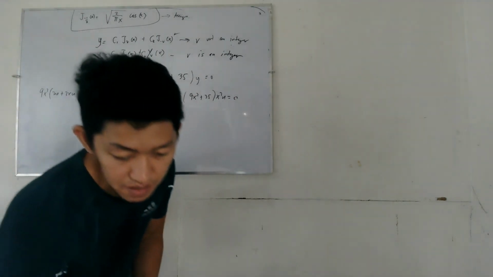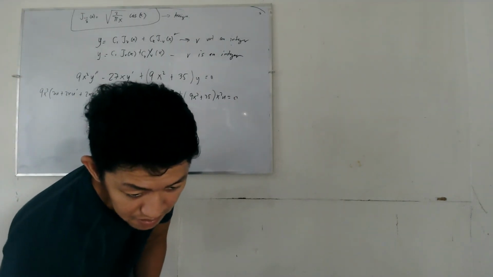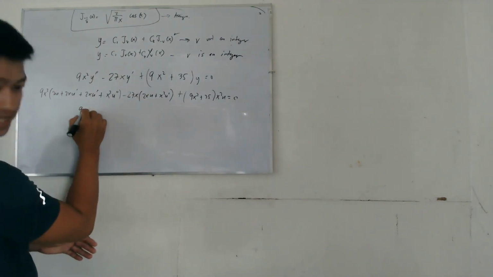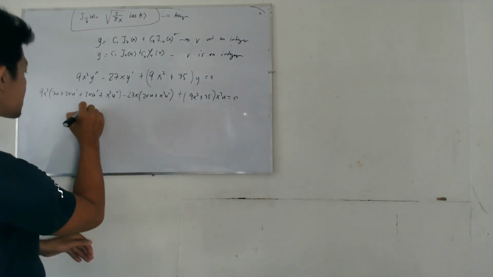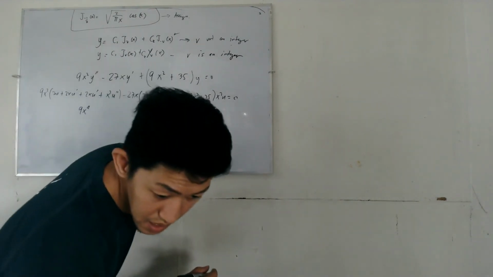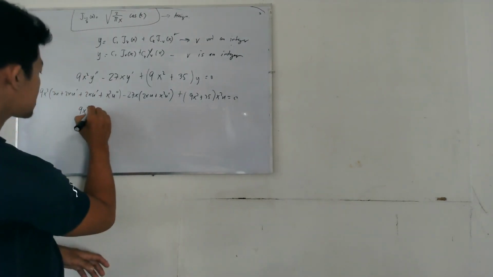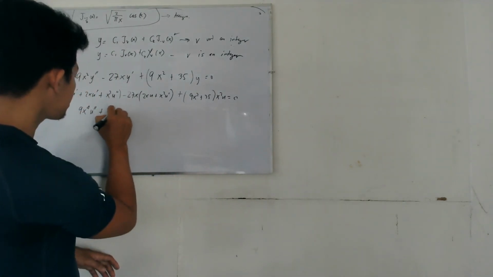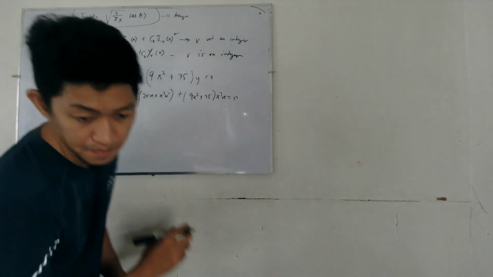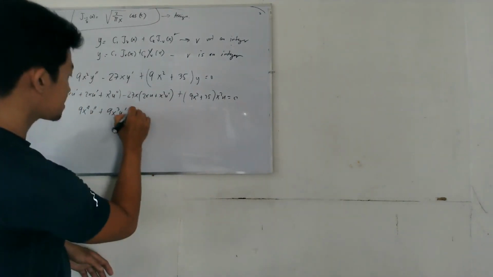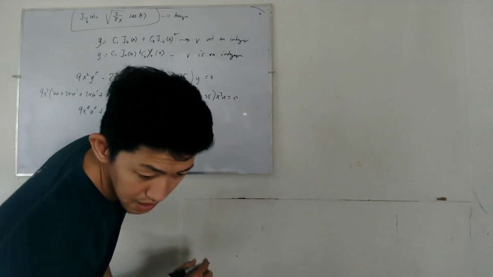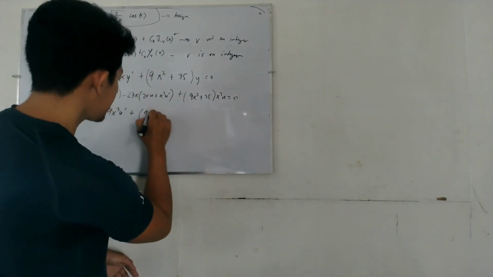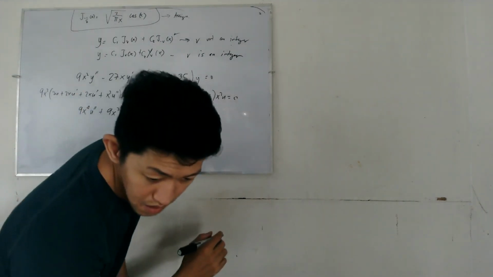Ito na kung ano. Anyway, pag simplify ni mo ani, kani mong makuha. Asa kani? 9x to the fourth u double prime plus 9 minus.